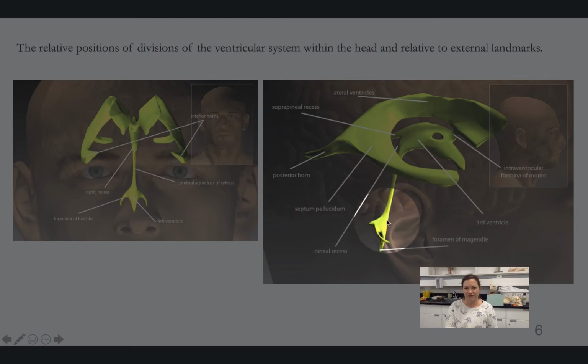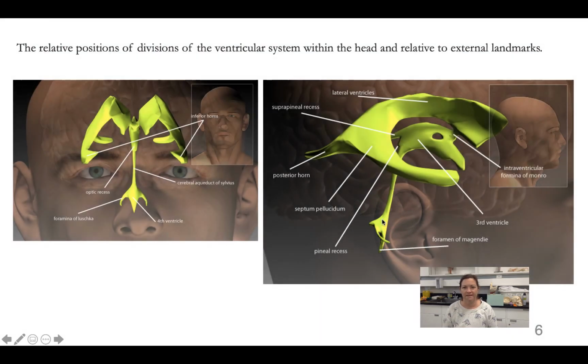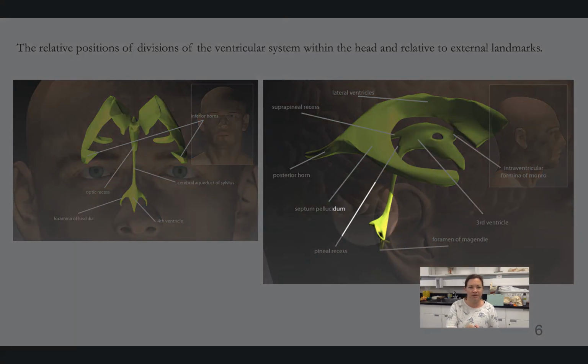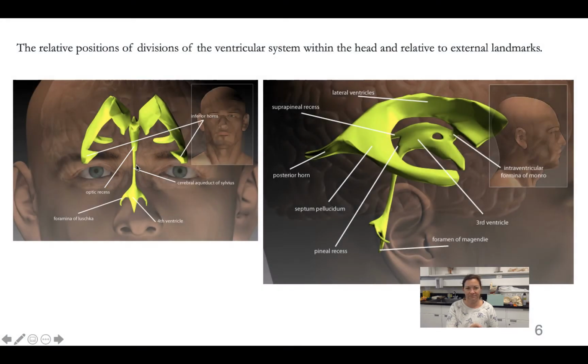And in turn, in lateral view, roughly level with the midpoint of your pinna, your outer ear. Right between your eyes, that's the rostrocaudal, or superior-inferior level, better, of the cerebral aqueduct. And so that just reminds you where these things sit in your head.